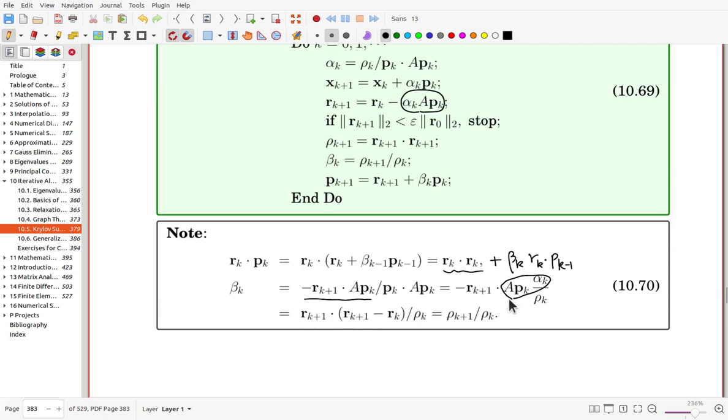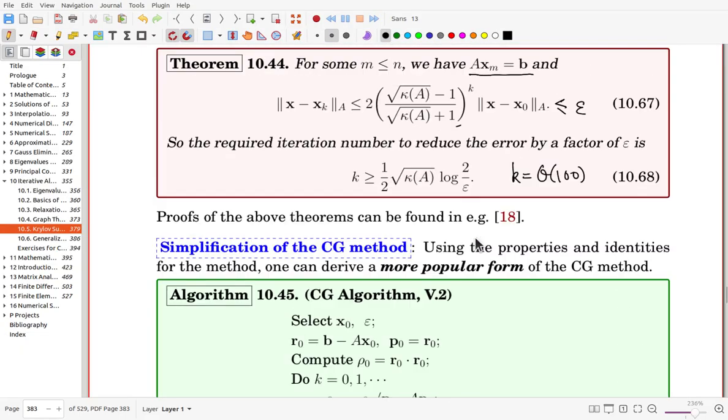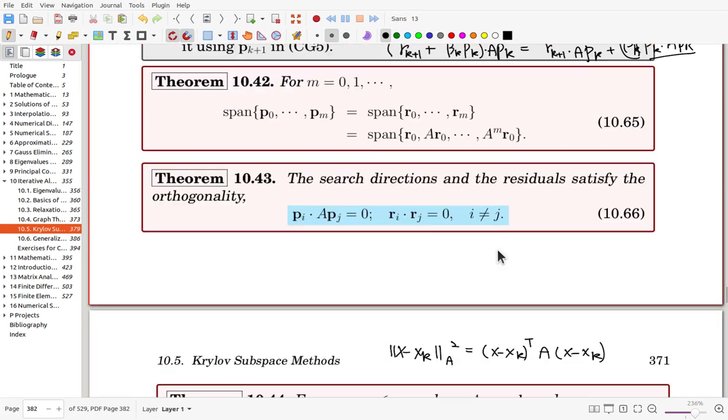The negative of that is exactly the same as r_{k+1} minus r_k, that is here. And rho_k remained here. And we already know that r_{k+1} dot r_k is 0. In the theorem, we considered it here, right?